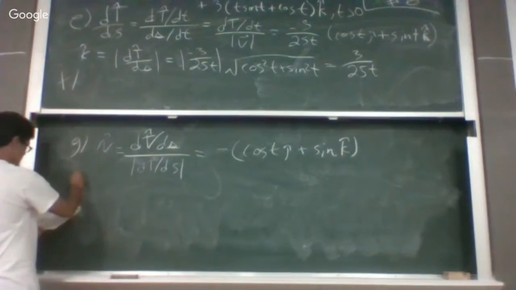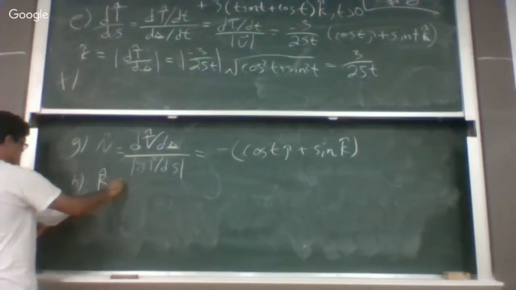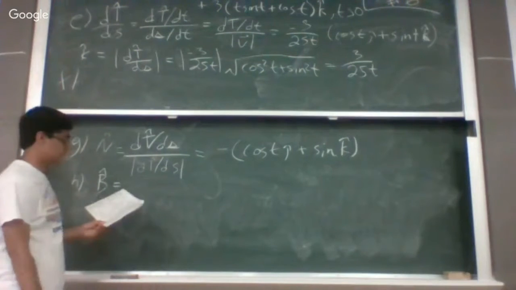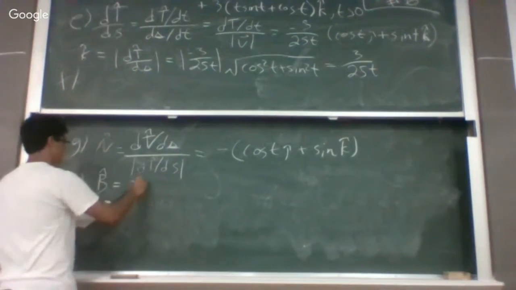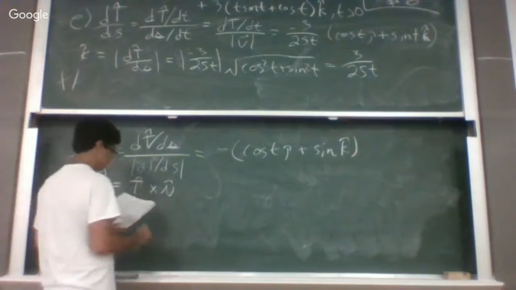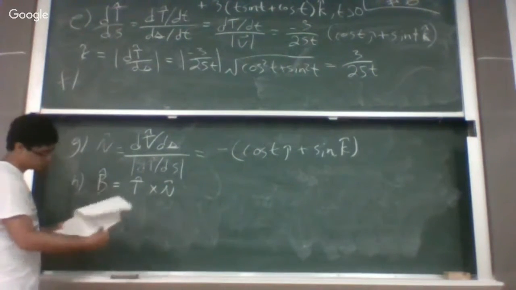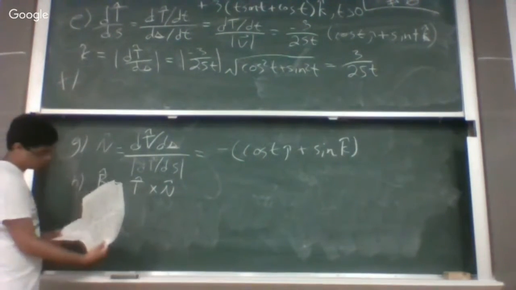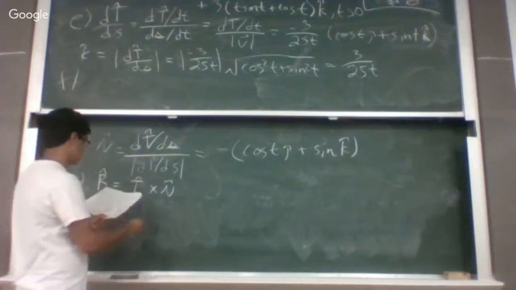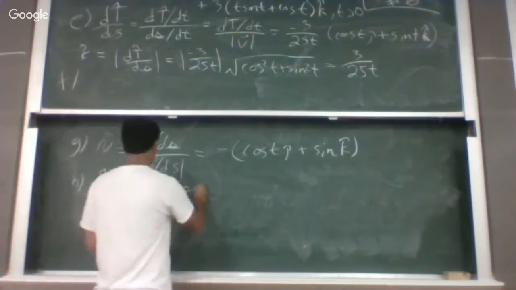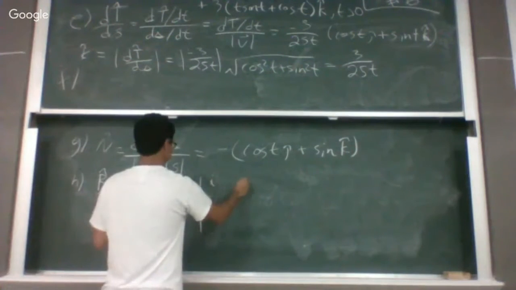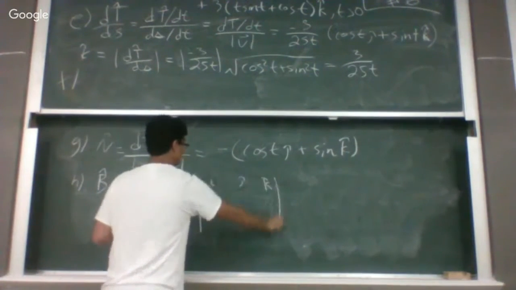The next part is finding B. What is B equal to? Do you guys remember? T cross N. So we have i, j, k.